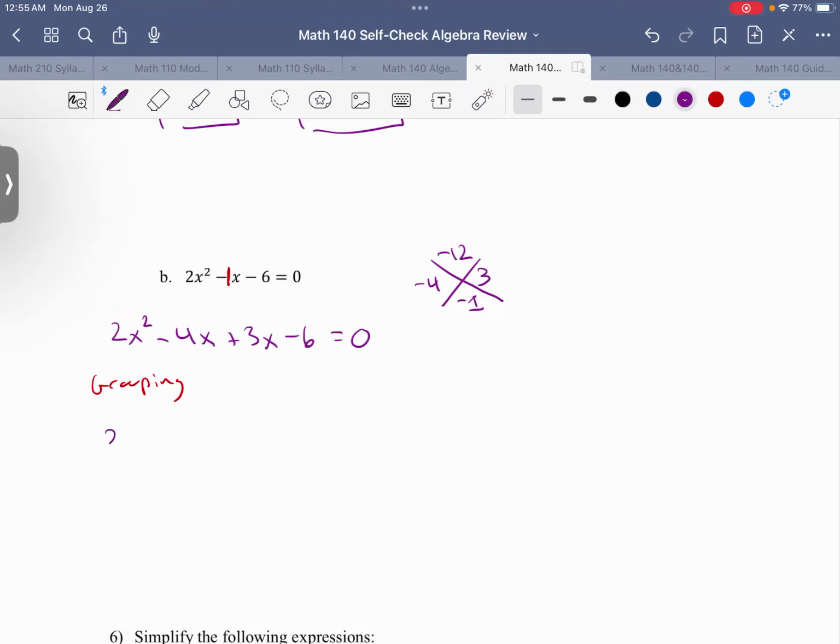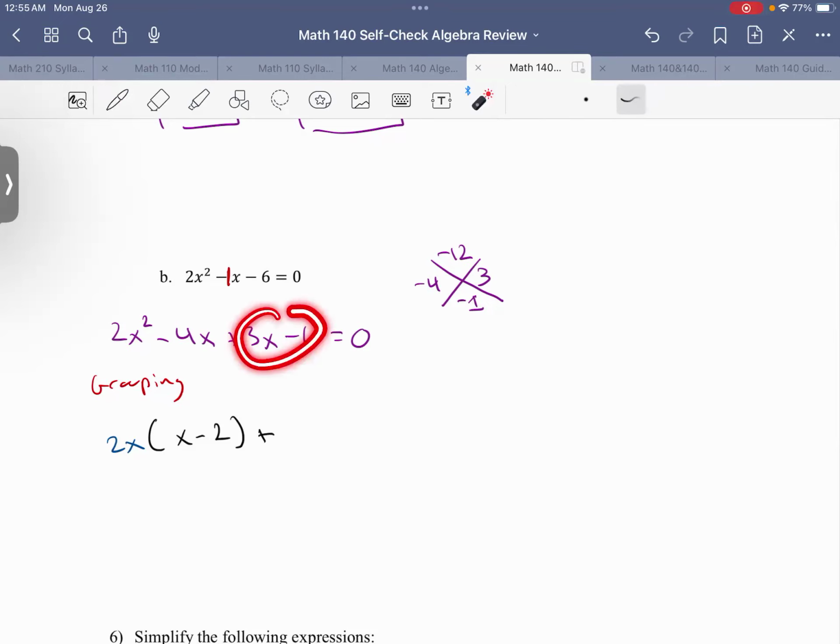So I'll get 2x times x minus 2, plus what's something these two have in common? That would be a 3.